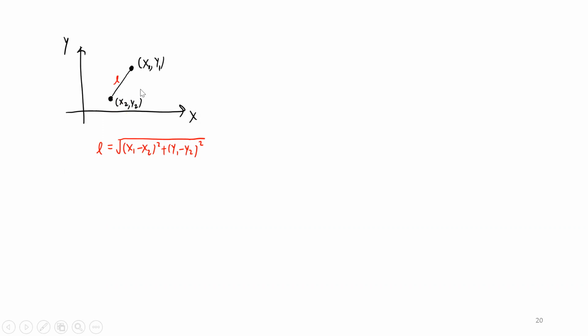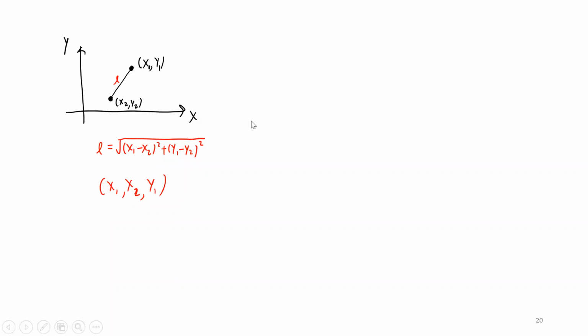If you give me x1, y1, and x2, I will be able to obtain y2 from this constraint. So x1, x2, and y1 can be a set of generalized coordinates for us to completely describe this system.